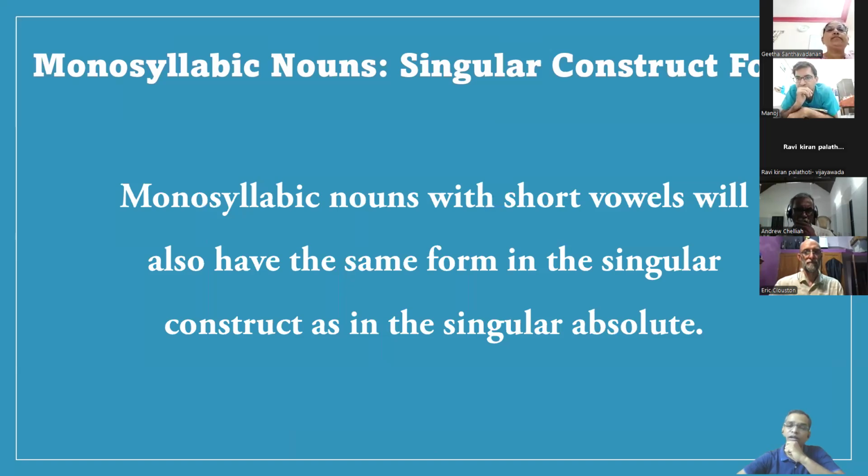Now, monosyllabic nouns with the short vowels will also have the same form. Why? Monosyllabic is one syllable. One syllable cannot be further reduced into half vowels. That is not possible. Changeably long vowels can be reduced, but the short vowels cannot be further reduced because each noun should carry at least one syllable.